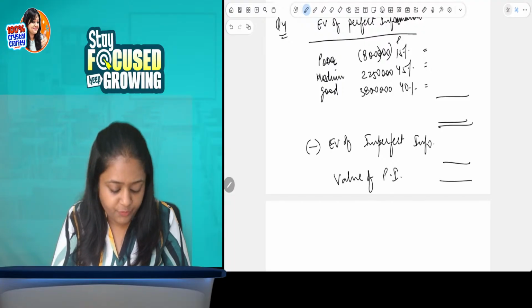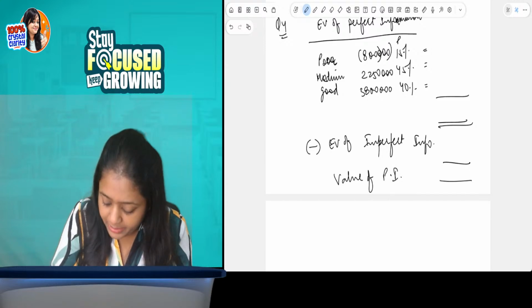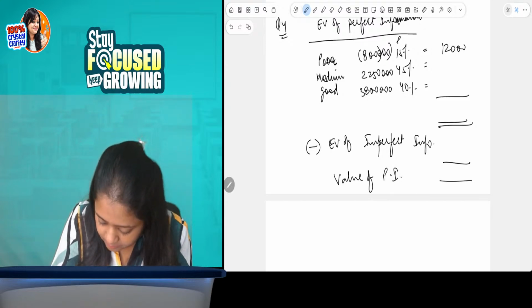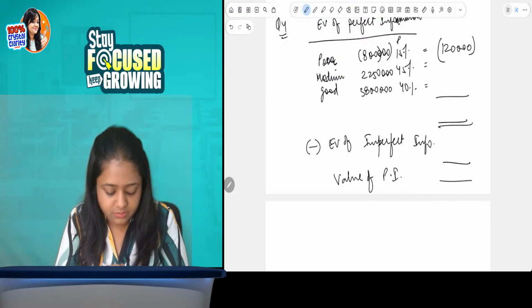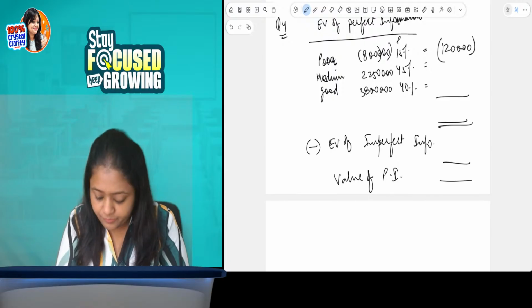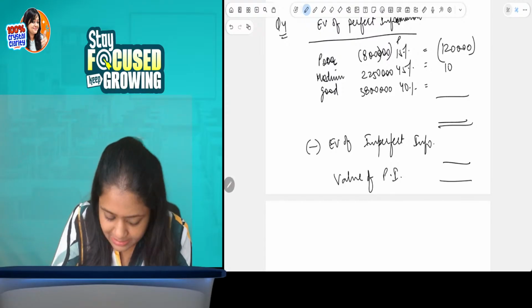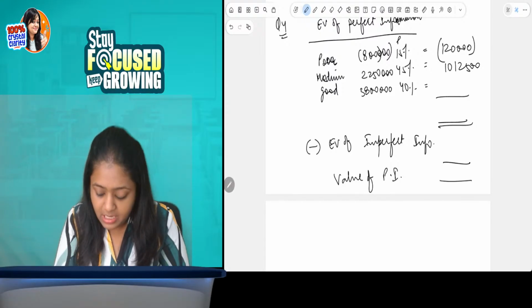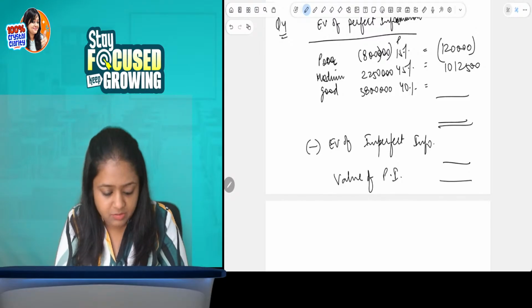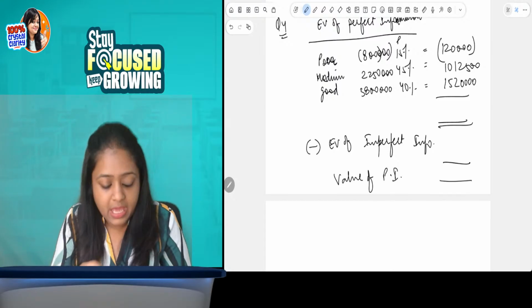So 800 into 15% is 120,000. Then we have 2250 multiplied by 0.45. It is 1,012,500. And then we have 3800 multiplied by 40%. I have here 1,520,000. I've got the figures.